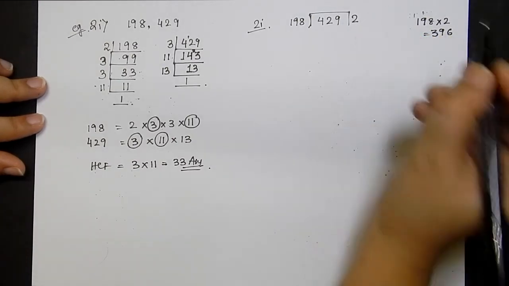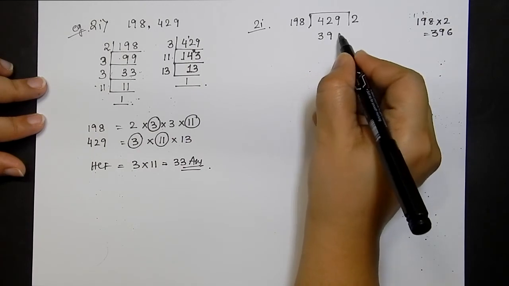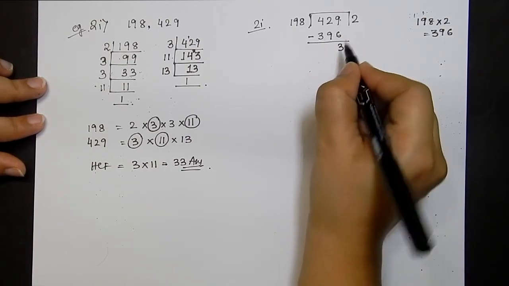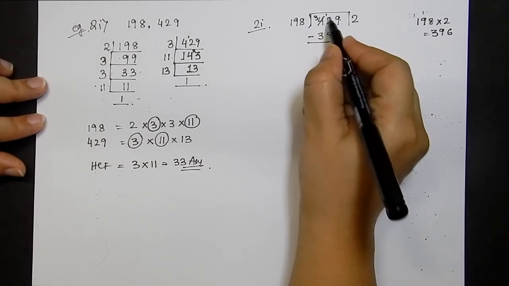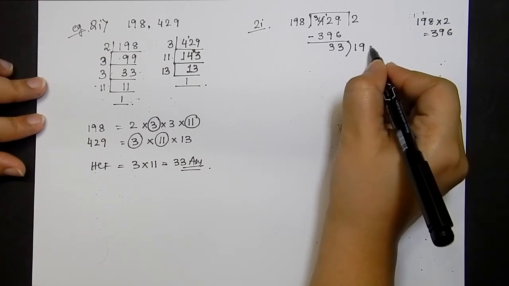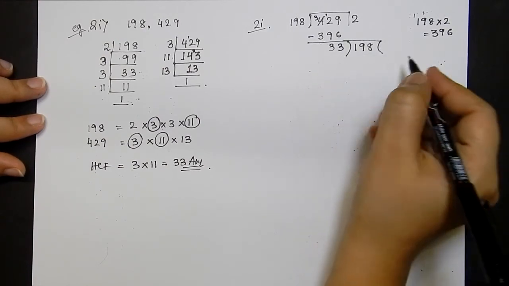So 2s are 396. 9 minus 6 is 3 and 12 minus 9 is 3. So I get 198 coming inside because the remainder is not 0.